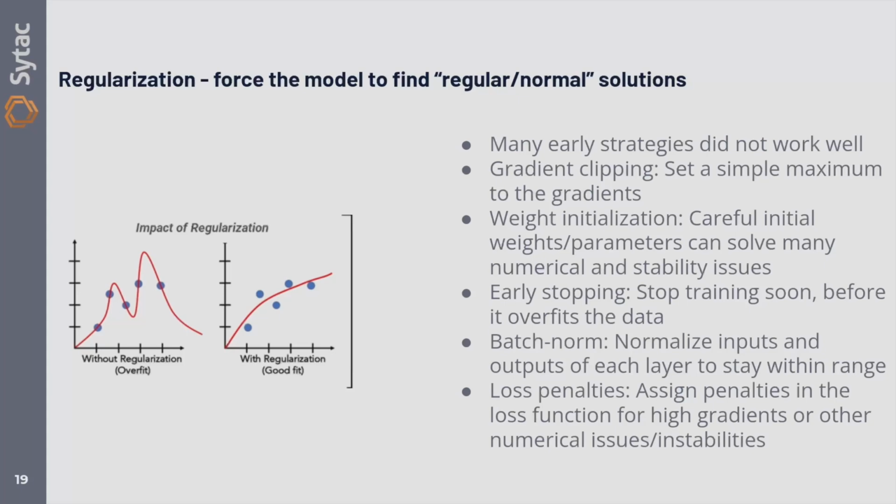You can use your loss function very creatively to make sure that the model behaves. You can assign penalties for weird solutions or gradients that go very high or very low, so that you can stop numerical instability in your model. And a lot of these tricks are basically just necessary to get deep models to actually train.